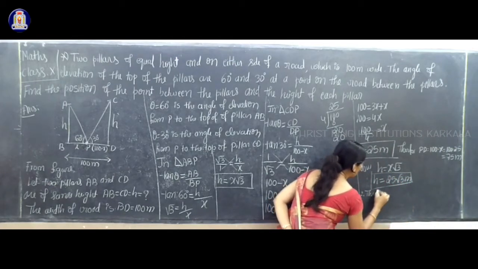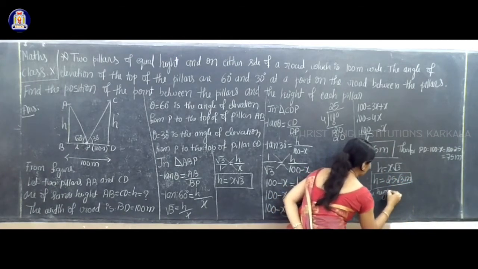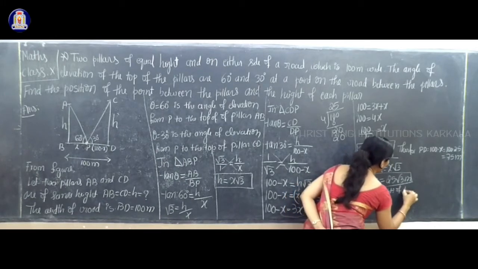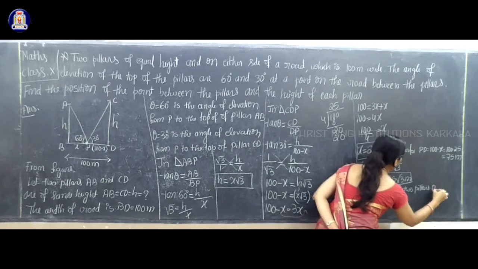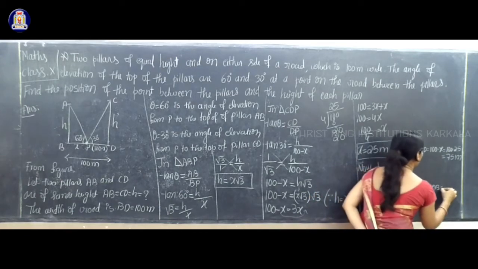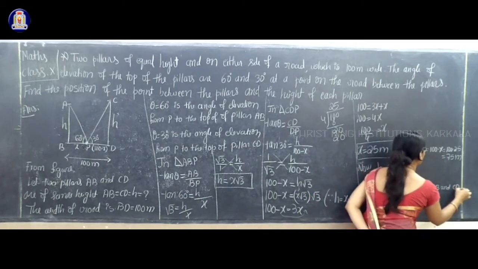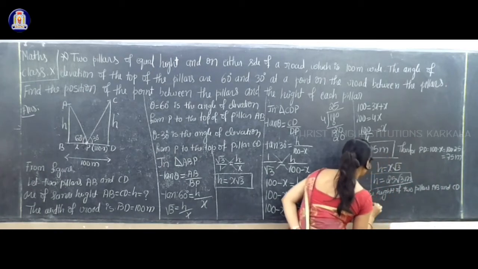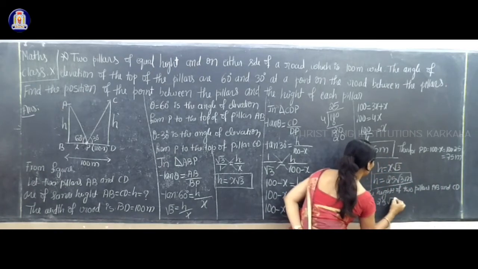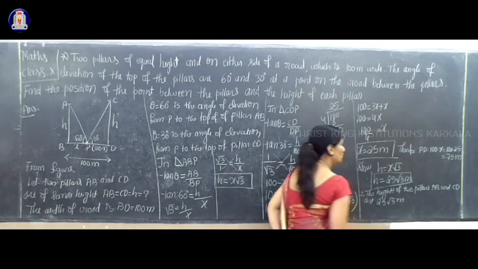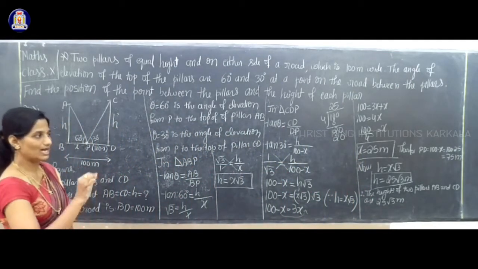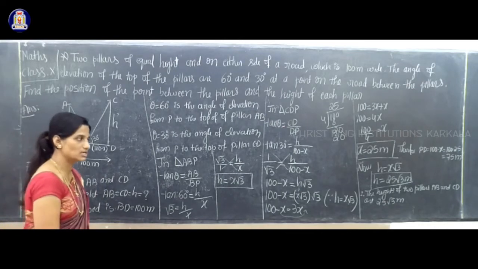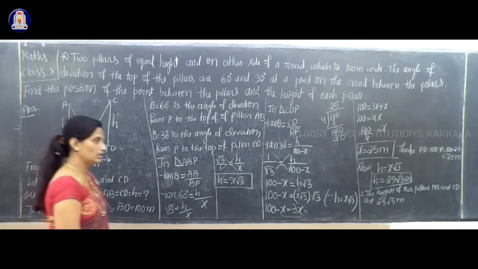Therefore the heights of the two pillars, AB and CD, are 25 root 3 meter.